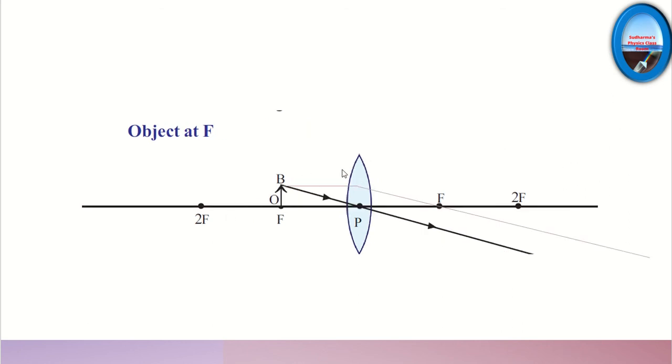Now comes the object position which is at the focus. When the object is at the focus, again make sure your markings are proper. The refracted rays from the lens, one is through the optical center, another one after refraction passes through the focus, the ray parallel to the principal axis. So you can see you're getting two parallel rays here. Parallel rays, we expect them to meet at infinity.